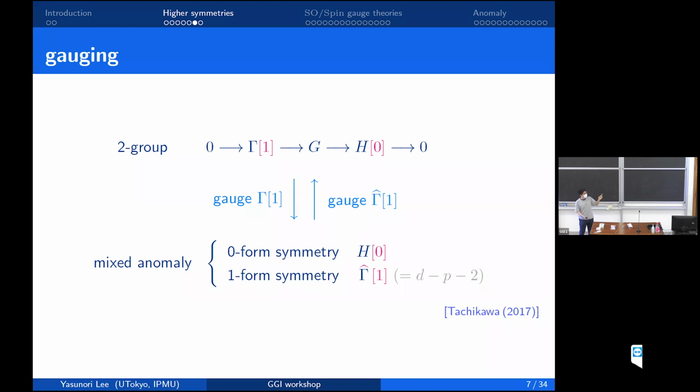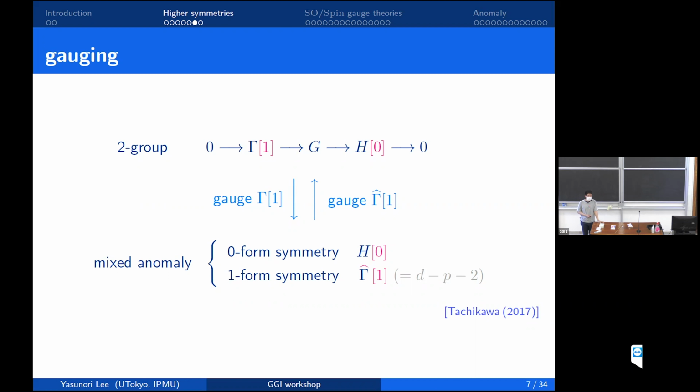One can do this since the character group of gamma is easily described in terms of the group. For a generic continuous group, this ungauging side is, I think, in general not this simple. So that's why we are confining ourselves to the gamma finite case. Okay, thank you.